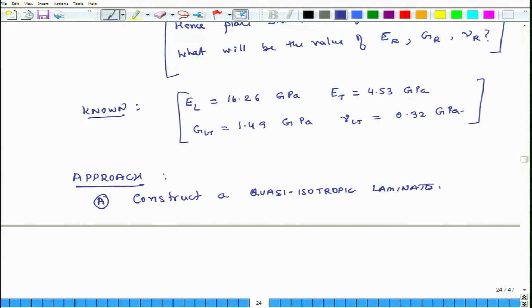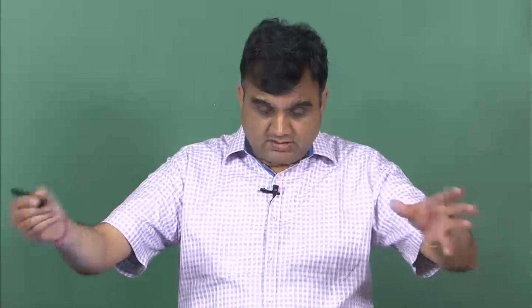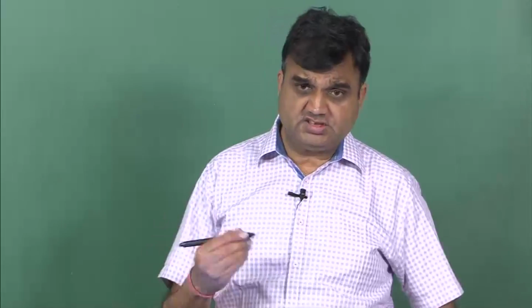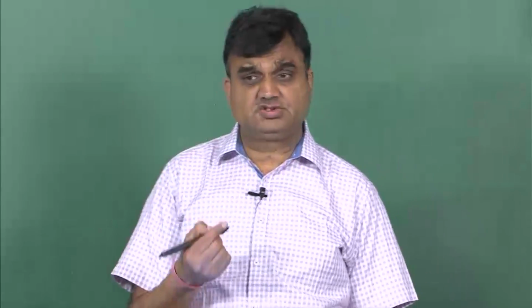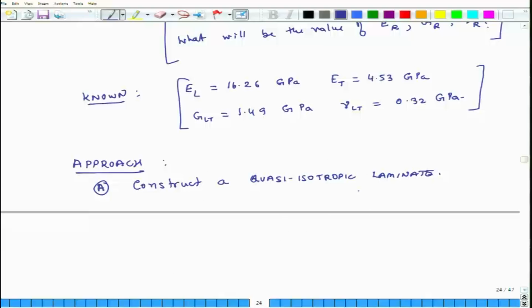The more layers we put in this quasi isotropic laminate, the better it will be, because fibers will be spread more and more uniformly in all directions. But in today's class we will just use 3, because that requires less computation. So, we construct a quasi isotropic laminate.